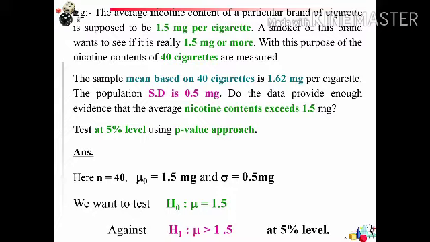So our null hypothesis H naught is that mu equals 1.5 against the alternative hypothesis H1 that mu is greater than 1.5, that is the nicotine content exceeds 1.5 mg. Therefore the alternative hypothesis becomes one-sided, with mu greater than 1.5 at 5% level.